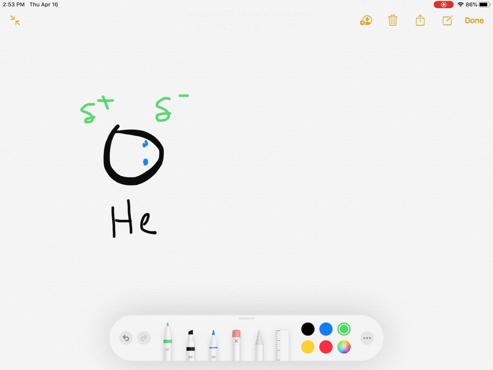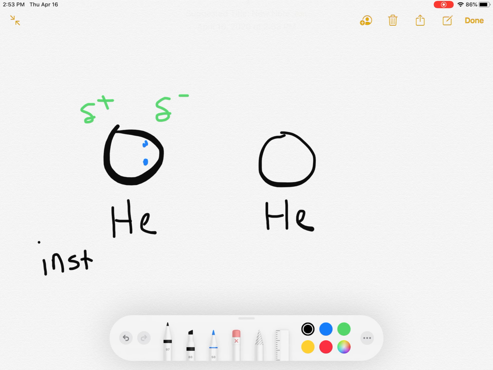So just imagine a balloon filled with helium atoms. And we have another one that comes along, and it starts to get close to this atom that has these charges. I forgot to say this, but whenever that happens, we get what's called an instantaneous dipole.